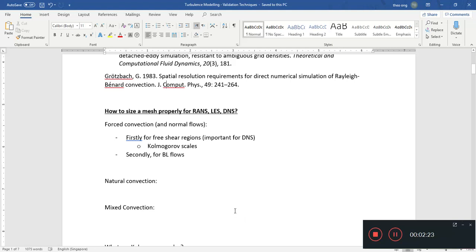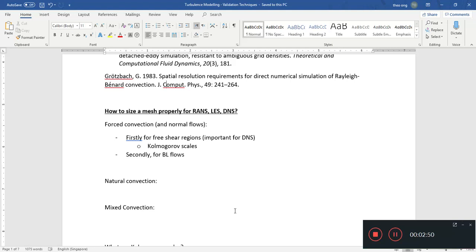Okay, first and foremost is forced convection, or in fact, you can use these guidelines for normal flows as well, because most of these flows are pressure driven or driven by some free stream velocity. This means there's an external driving force that is driving the flow. So these are forced flows. Most flows, if you talk about aerodynamics or anything else, are forced flows.